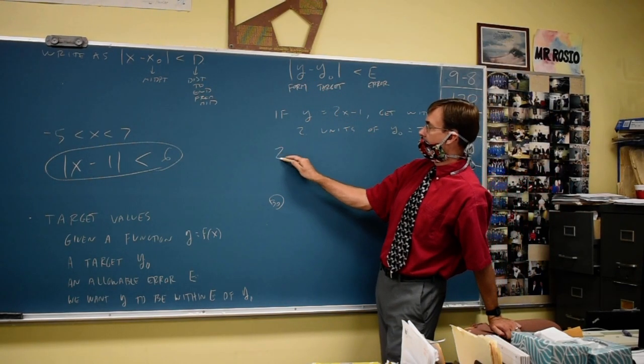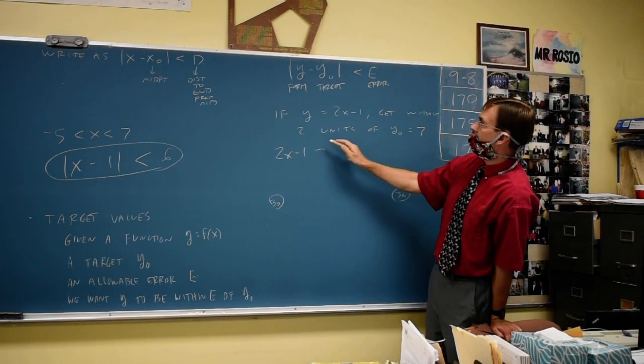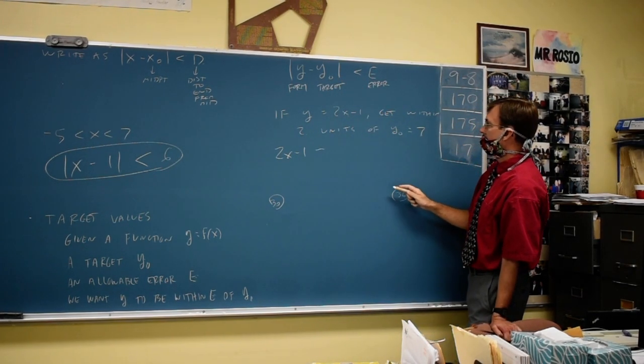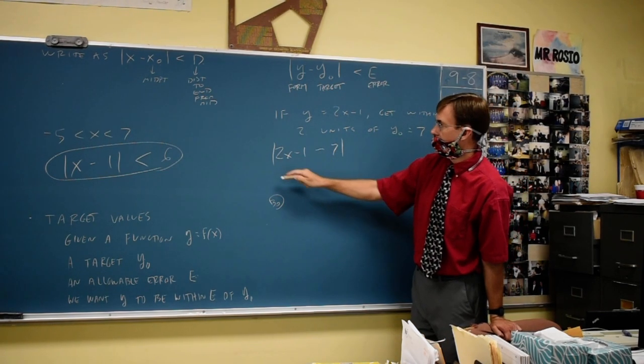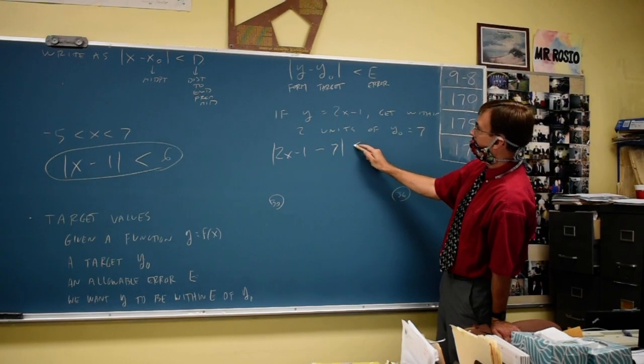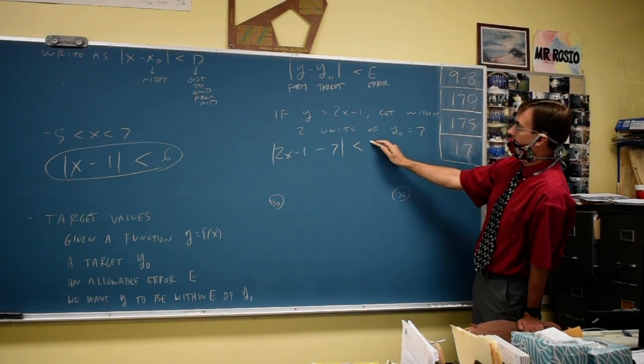So copy the formula, the 2x minus 1. Subtract what the target was, which was the 7. Bar that up. A less than. And then what was the error you were allowed? 2.